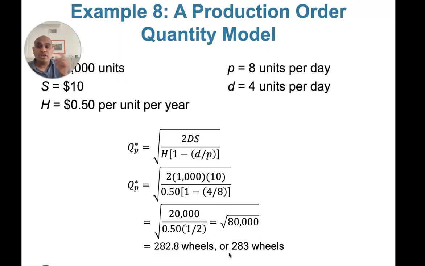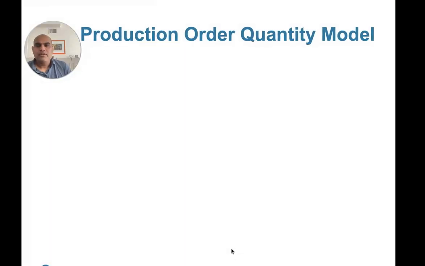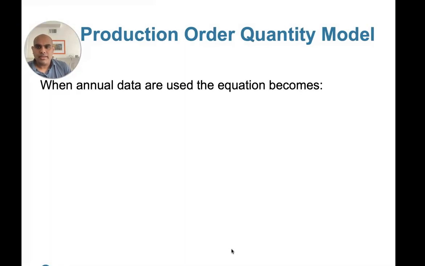Or if you're doing chunks of 25, you would round this down to 275, or maybe 300, depending upon how you want to do it. In this case, we are not doing any of that. We are just rounding it to the closest whole number, that is 283.